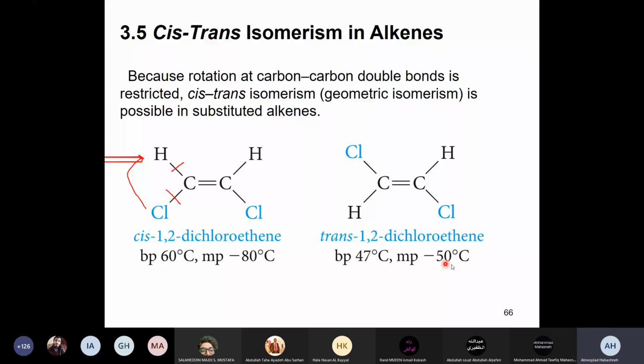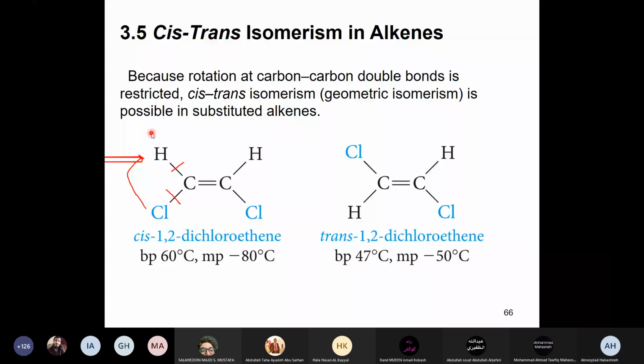If you want to convert the cis compound to the trans compound, you have to break bonds. And you have to exchange positions or orientations. What is down became up, what is up became down. Move the chlorine to be up and the hydrogen to be down and form new bonds.